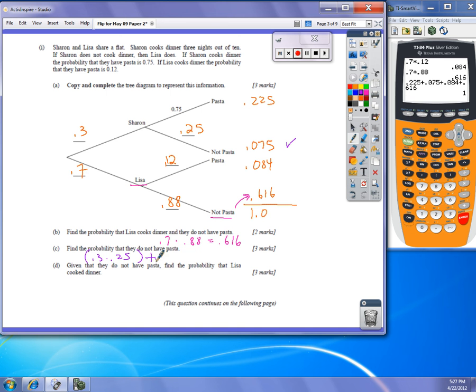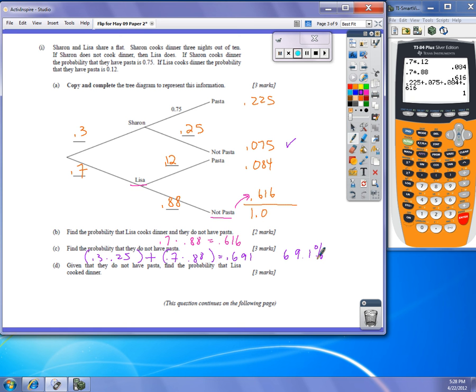And then the other no pasta is 0.7 times 0.88. Add those all together, and the probability for them not having pasta is 0.691. Now if you want to change that to 69.1%, go for it.